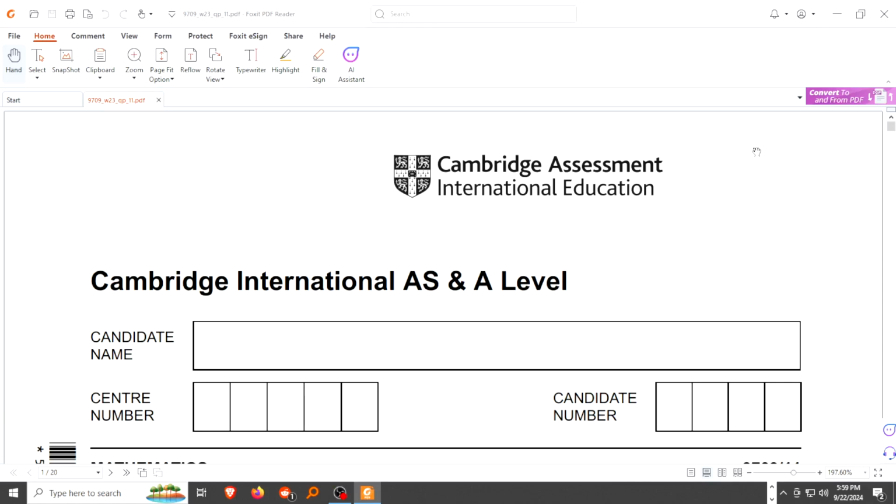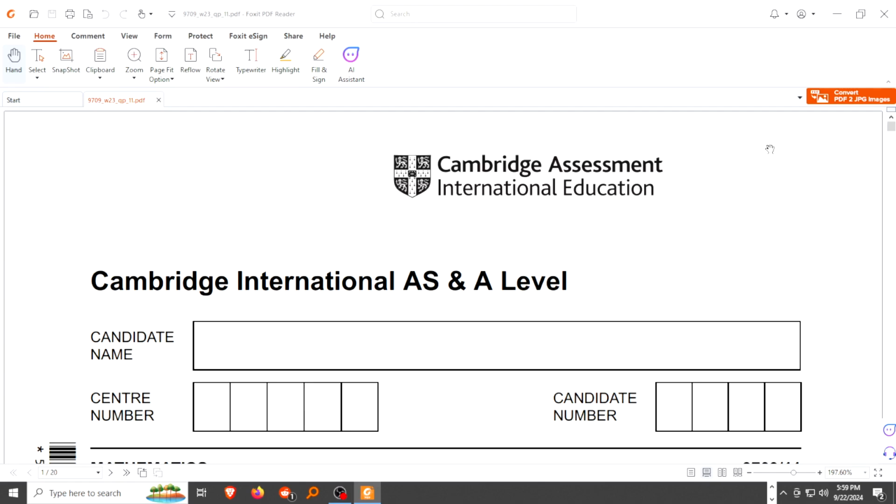This is another series of our solutions to past examination questions, and we are looking at the topic of quadratics in Pure Mathematics 1 of Cambridge International AS and A Level.